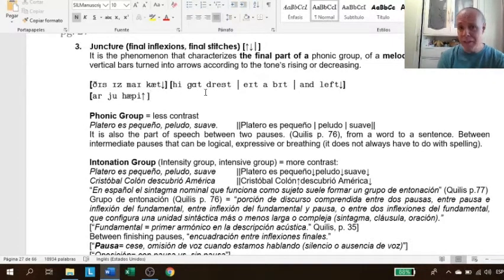Are they rising? Listen carefully. What's your name? Where are you from? What's your address? All of them have a decreasing intonation. The arrow goes down. Okay, so normally English speakers raise their intonation whenever they ask a yes-no question.